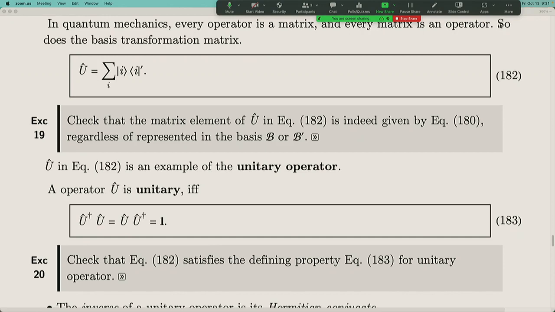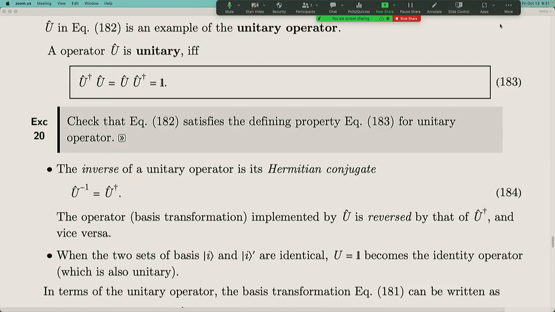If you have a complex number whose complex conjugate is its inverse, what can we conclude? We can conclude that its norm is 1, right? So this complex number has a real part and an imaginary part, and it lives on the unit circle. That's why we have the name unitary: a unitary operator is like a complex number on the unit circle. And actually, all its eigenvalues are on the unit circle. That's what I want to talk about here.